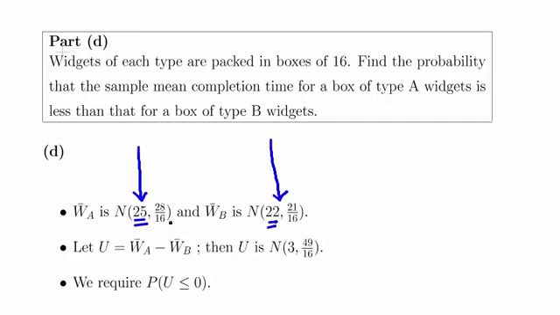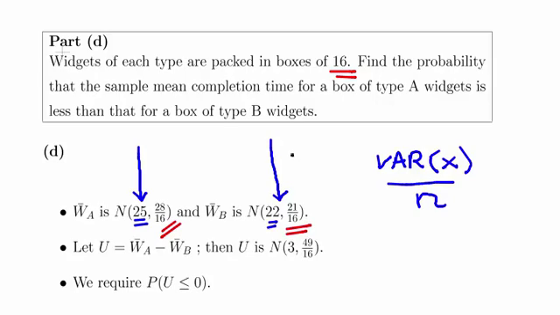Now, this is where things are different. We're looking at the variances now. When we're looking for the variance of the sampling distribution of the mean, we get the variance of the underlying distribution and divide that by the sample size. Here we have a sample size of 16. So the variance of x divided by n is the variance of x bar.